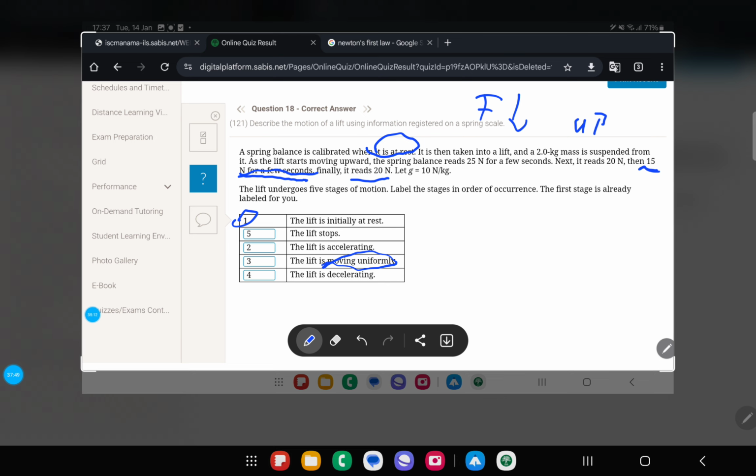Because in zero net force, like in Newton's first law, it says an object will move constantly or remain at rest unless a force acts on that object. So since the force is 0, it can accelerate.